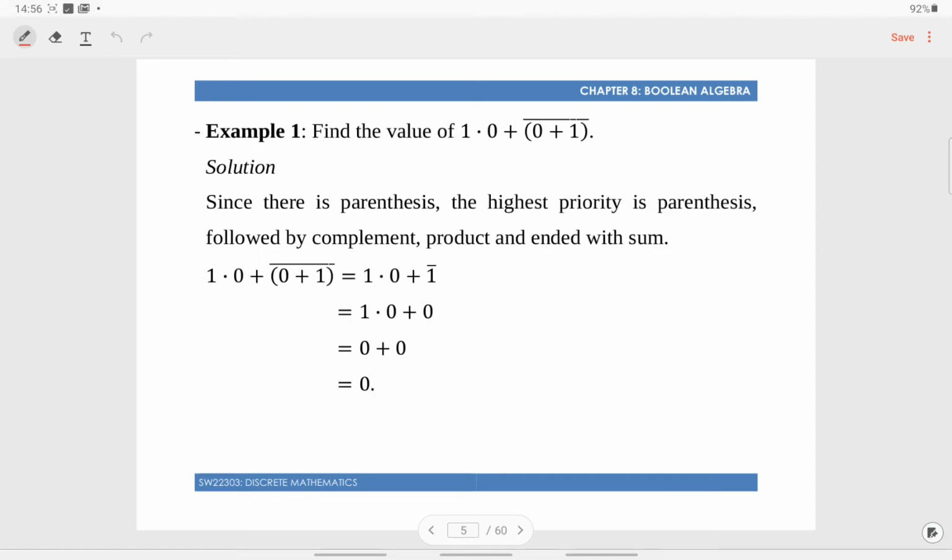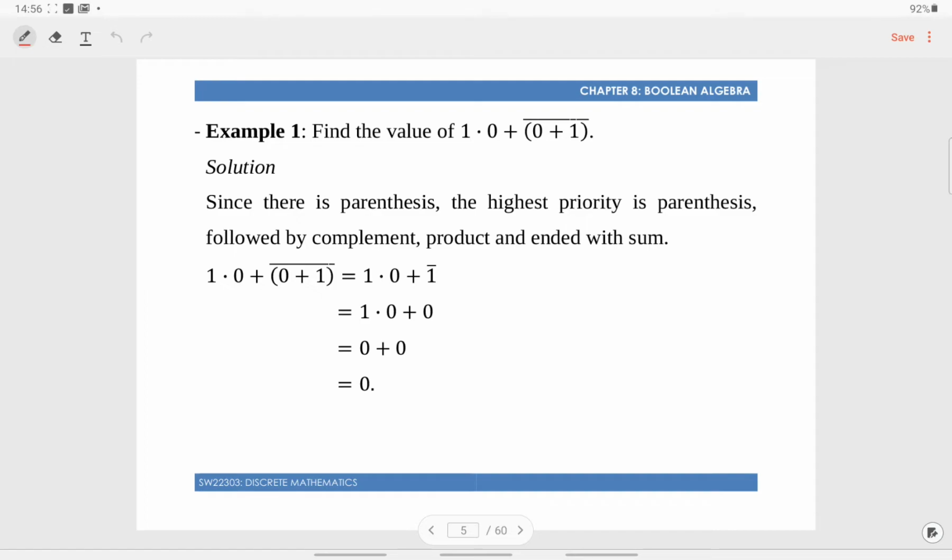Consider the first example. Find the value of 1 times 0 plus, in parentheses, 0 plus 1, and complement. In this problem, we have parentheses, a complement operation, a Boolean sum, and also a Boolean product. According to the previous slide, we have to answer this question based on the precedence.